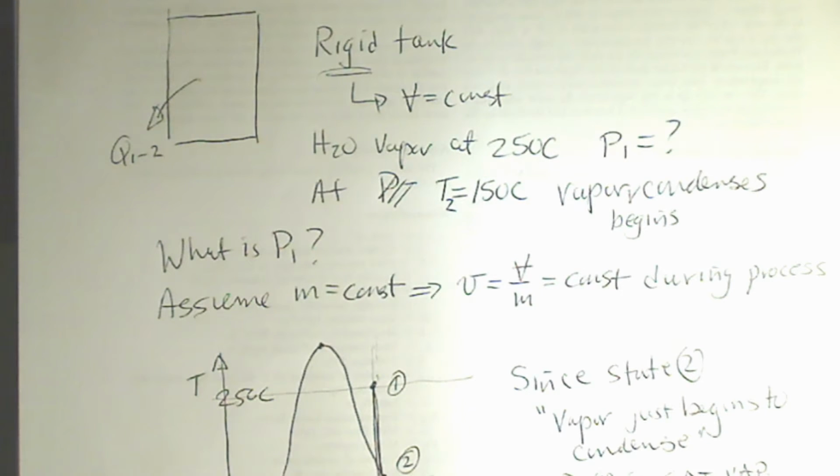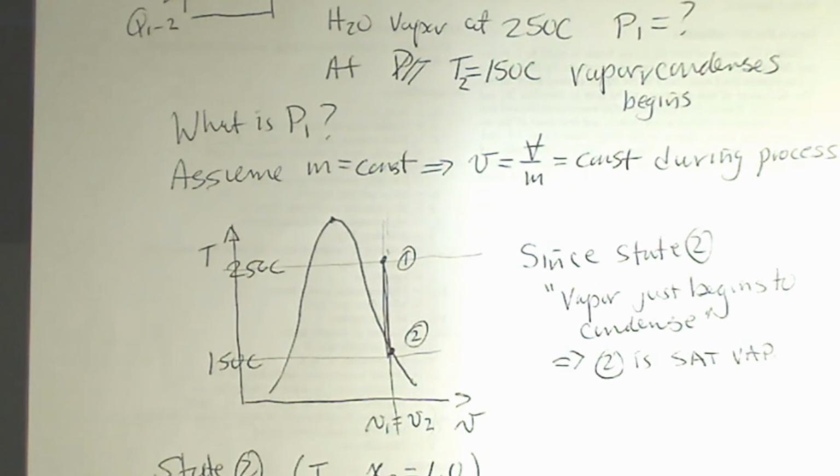In other words, it's saturated vapor. State 1 is then subsequently defined in terms of the property pair T1 and V1 equal to V2.